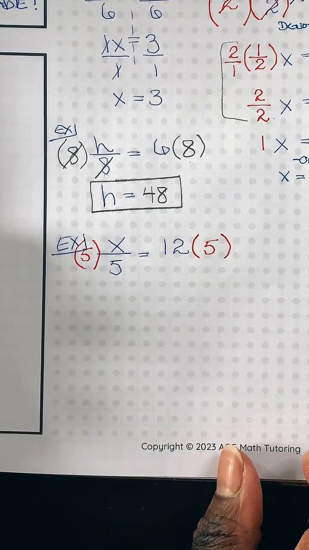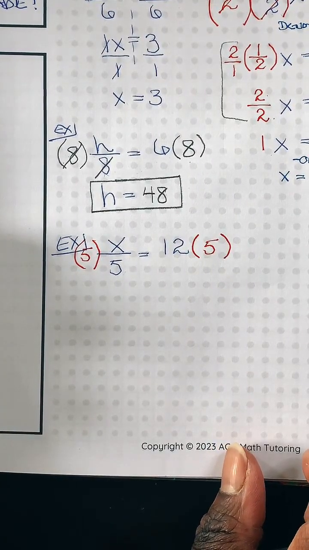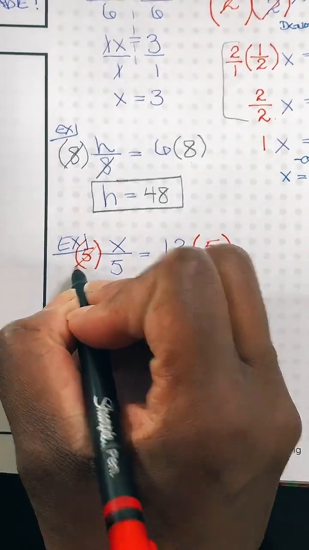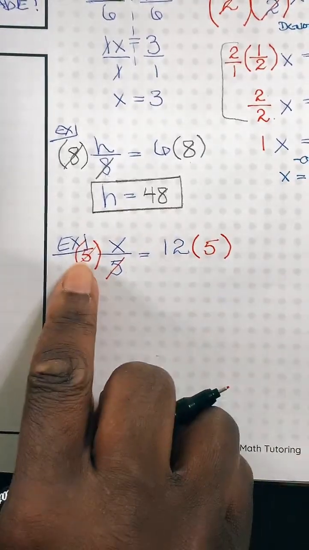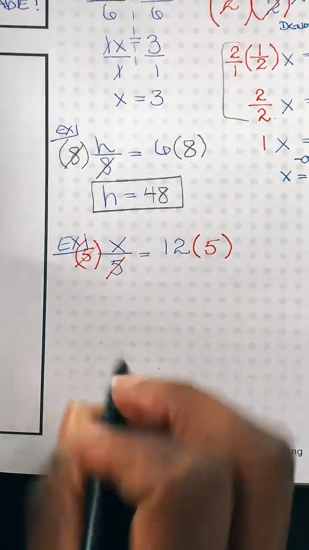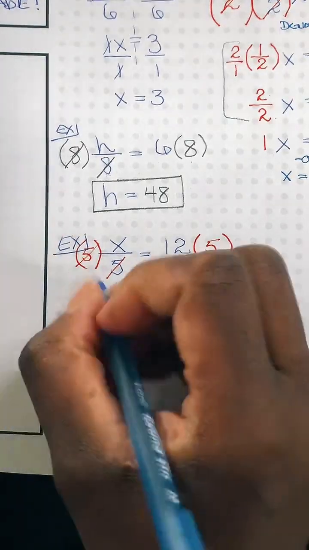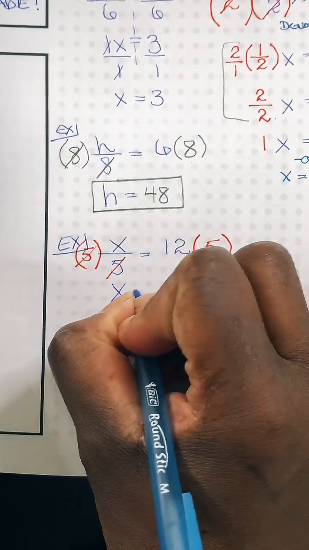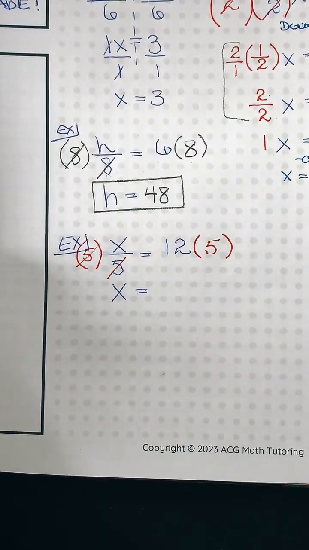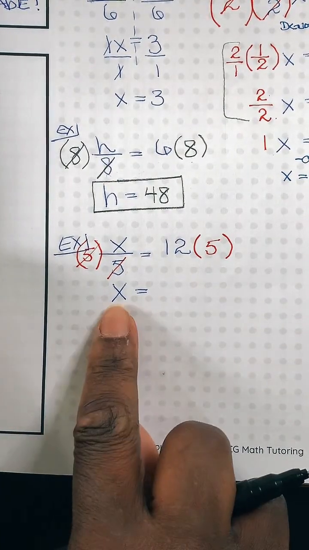Okay, the 5s cancel out to 1, so x equals 60. Yes, because 5 divided by 5 gives me 1. I'm bringing down the x. So 1x and x mean exactly the same thing. That's happening on the left-hand side.